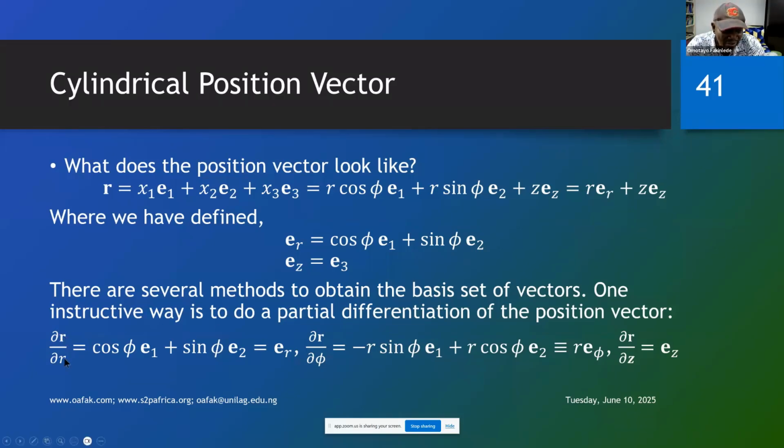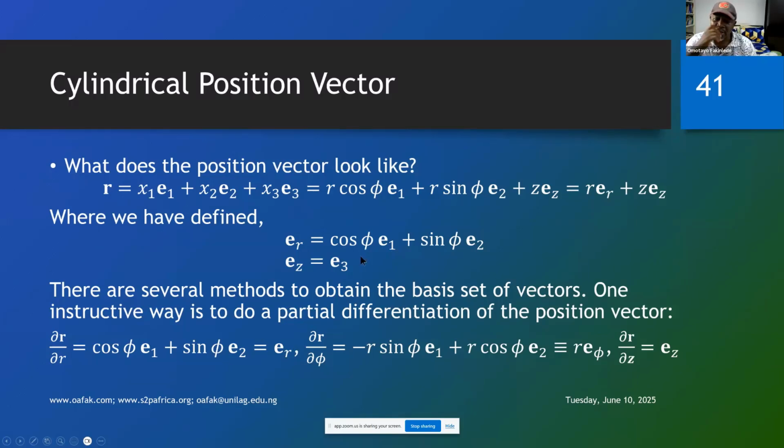There's an r vector and there's an r scalar, and they are not directly related. I should have used a big R to avoid confusion, but don't worry. Let us take the first equation, the first thing here and the last thing here. If you differentiate this with respect to R partially, the only thing remaining is simply e_R, which is cos phi e1 plus sin phi e2.